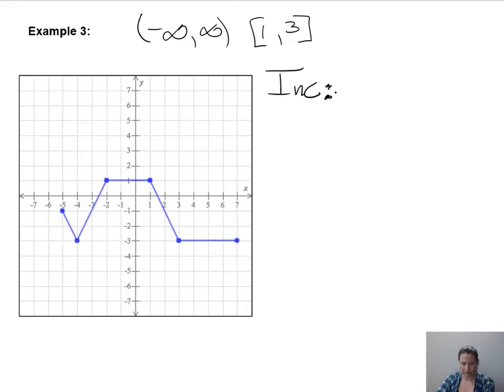Well, the only actually increasing piece is this section right here. So what are the x values? We only care about the x values when we write out interval notation. We do not write this point to this point in ordered pair form. We just say this x to this x value because we're only talking about this function, so we don't need to be more specific than that.